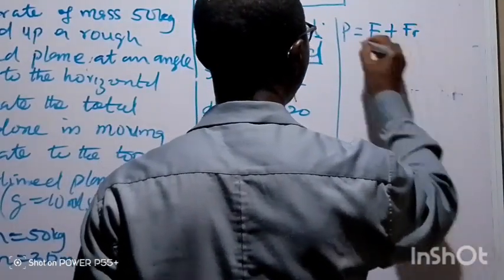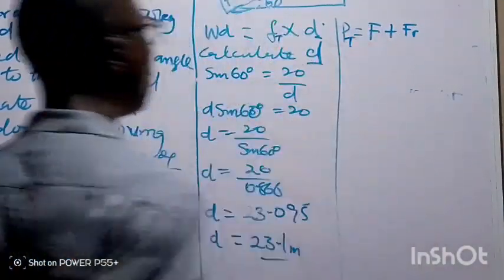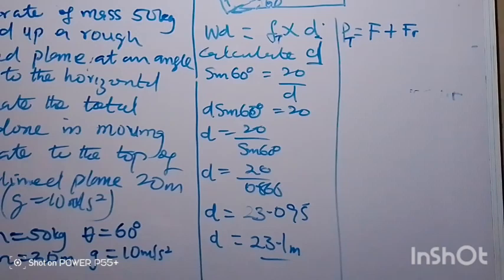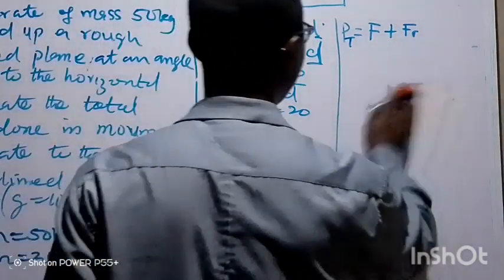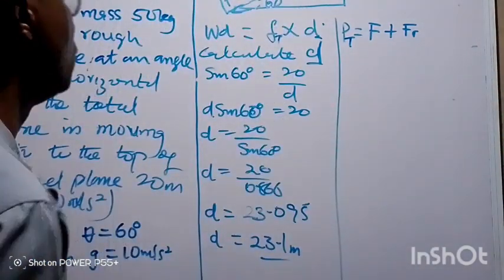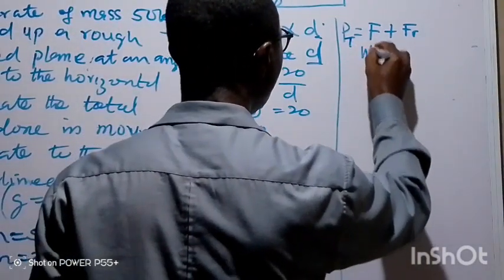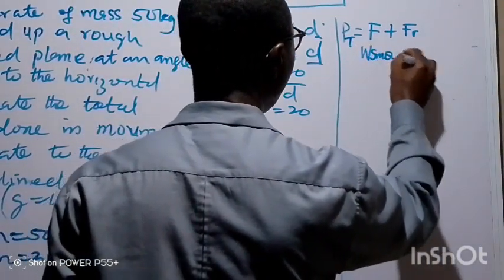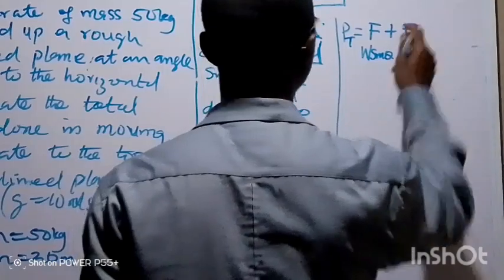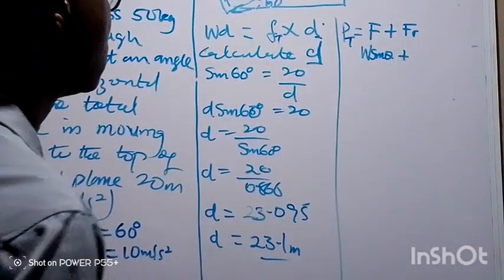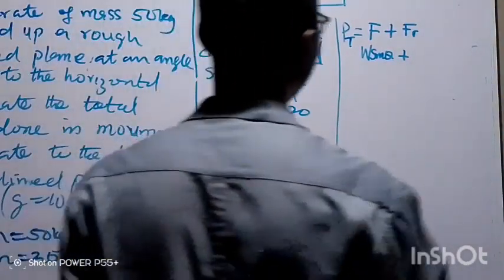So P will represent our total force. If P is our total force, and we already know the value of D, then this will give us W sine theta plus... the coefficient of friction is not given, and the frictional force is not given.